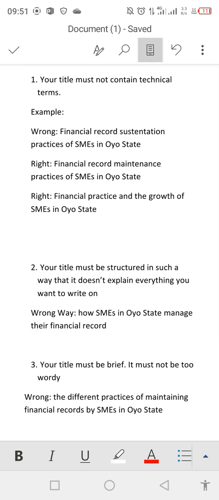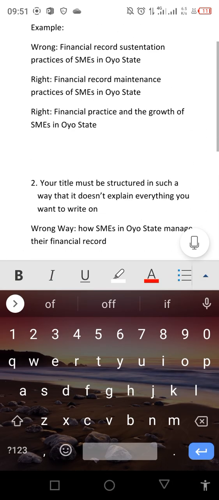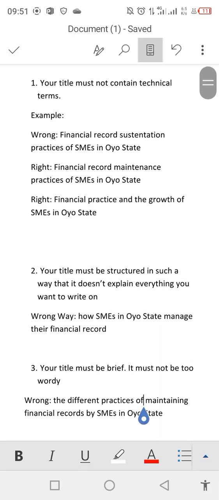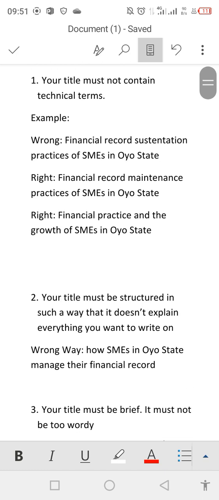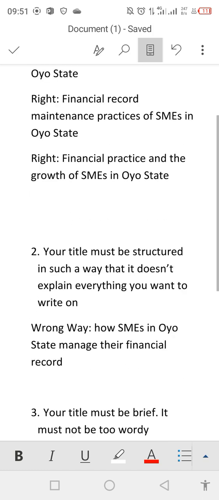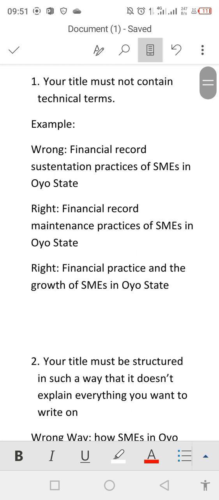The number one thing that you need to consider while structuring your research title is that your research title must not contain technical terms. Now, what do I mean by this? Your research title must not contain vocabularies in such a way that when people see your research title for the first time, it is difficult for them to get a glimpse of what you are trying to talk about.